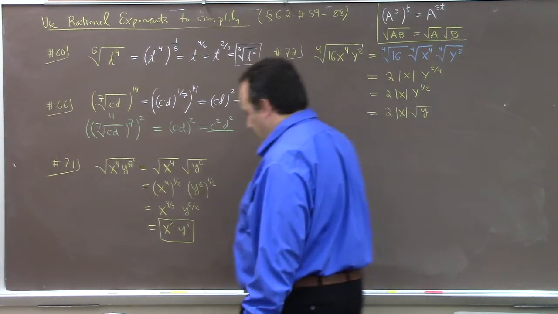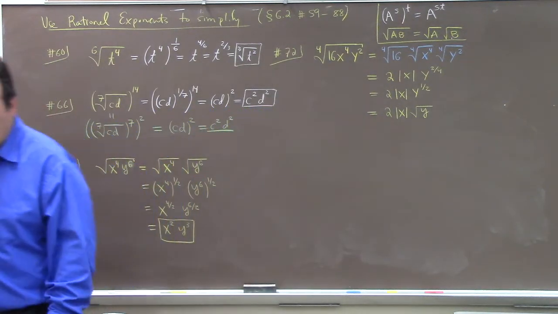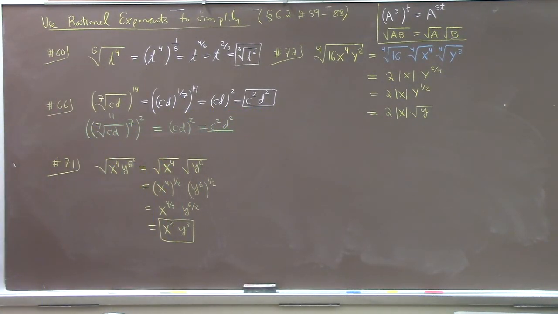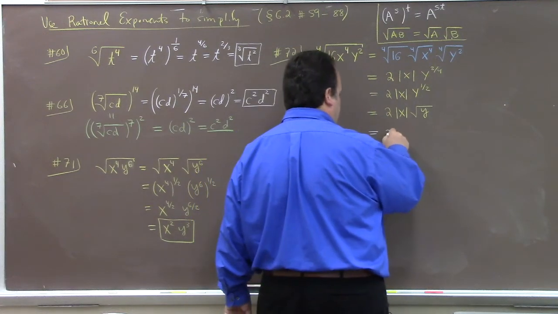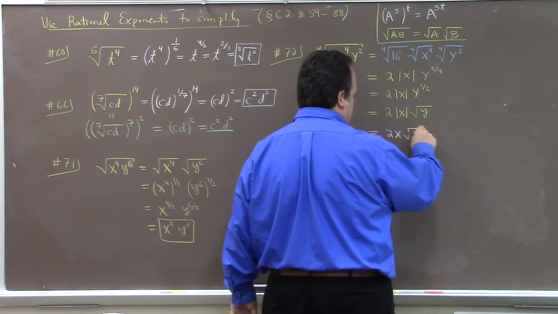Now I think that the book doesn't care about absolute value at this point, if I remember right. Number 72. Yeah, they just put 2x. So the book has as its answer here 2x square root of y.